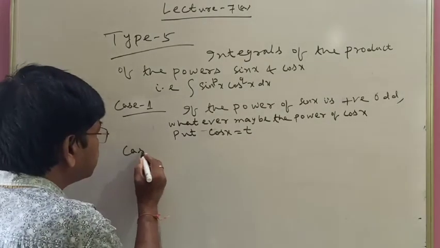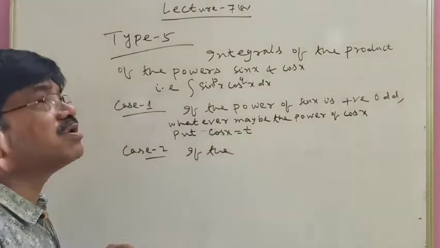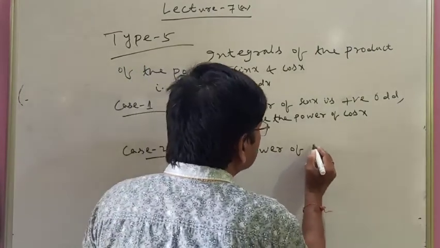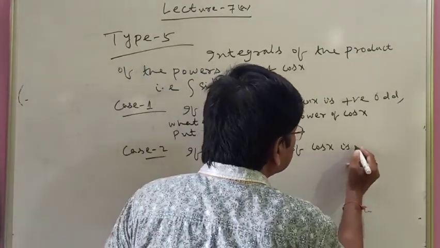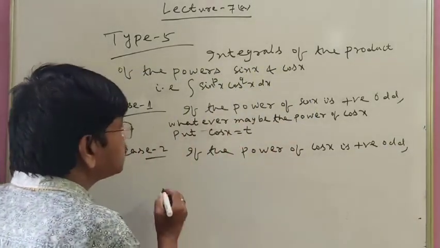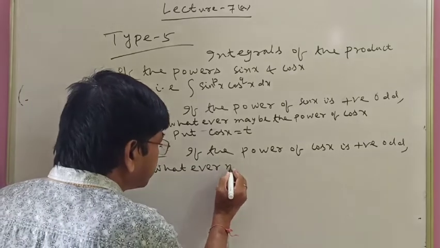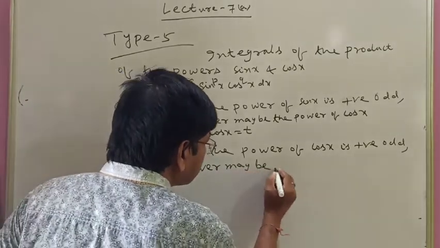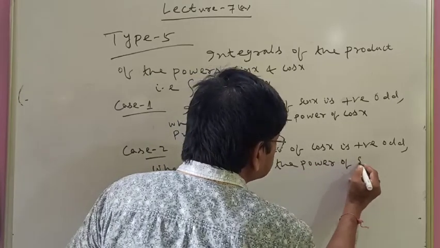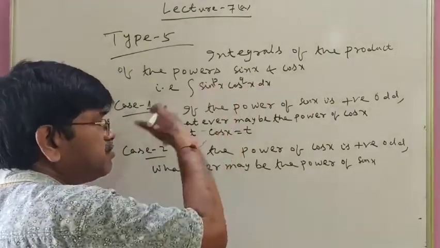Then case 2 we write. If the power of cos x is positive odd, whatever may be the power of sin x. So here the power of cos x is positive odd, so the sin power may be anything.